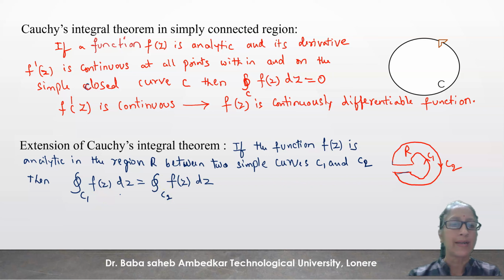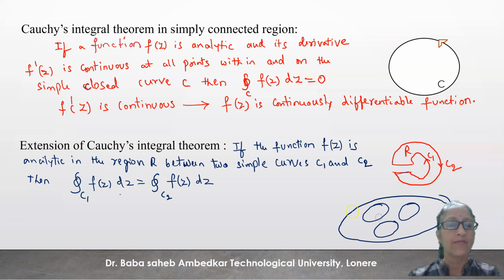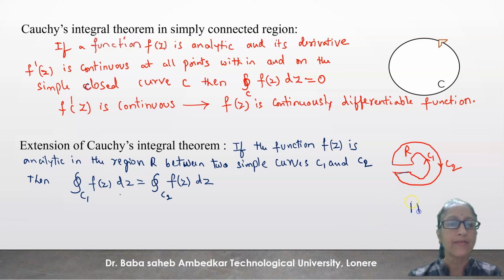Now, this multi-connected region may be in another way also. That means if there are more curves within the curve C, and we make cuts to those curves which are inside the curve C, then we get a simple closed curve like this.